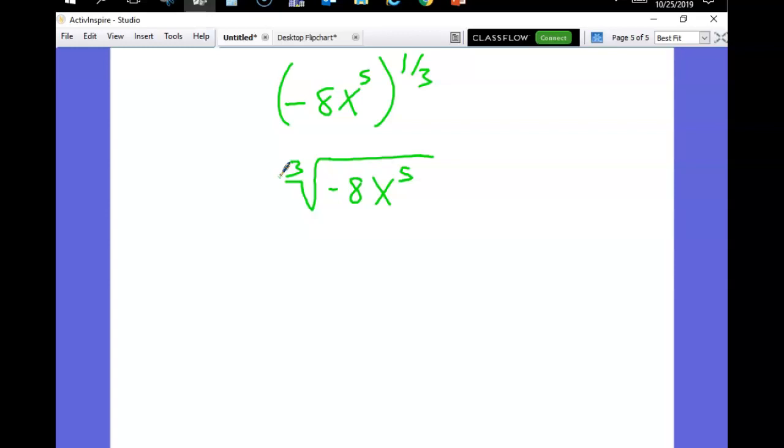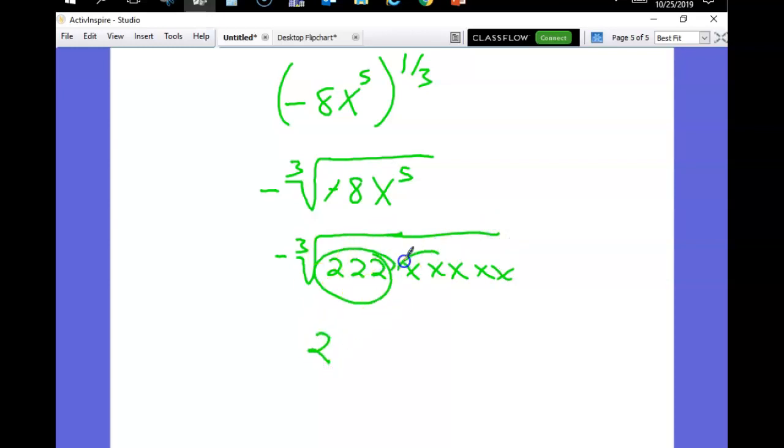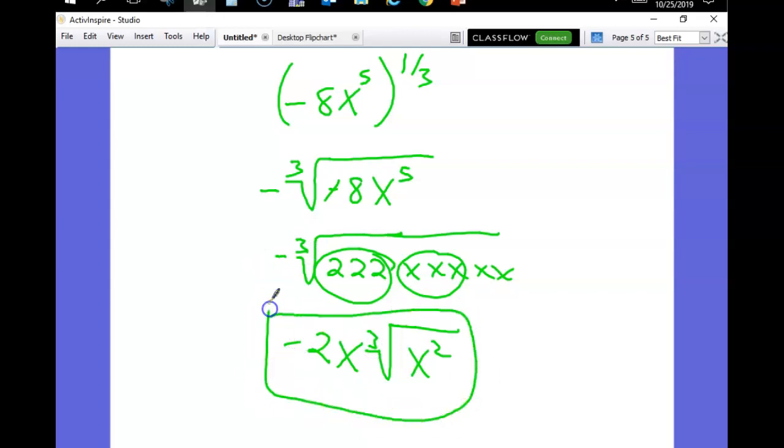And in this case, the 8 is just an 8, so I will take the negative out. And then we're also going to break down the 8 into 3 2s and this x to the 5th into 5 x's. And we can take out a 2 and an x. But we're left on the inside with 2 x's, which is x squared. Don't forget your little cube and the negative in the front. So that's that.